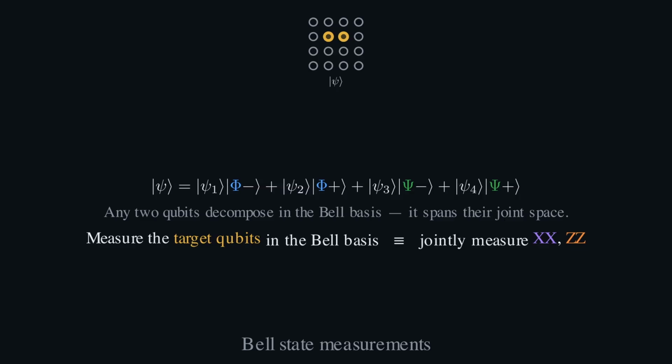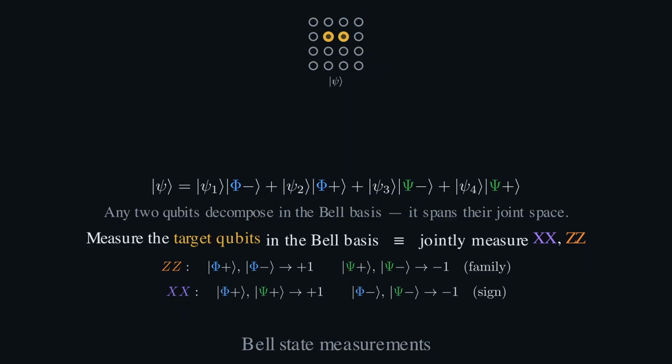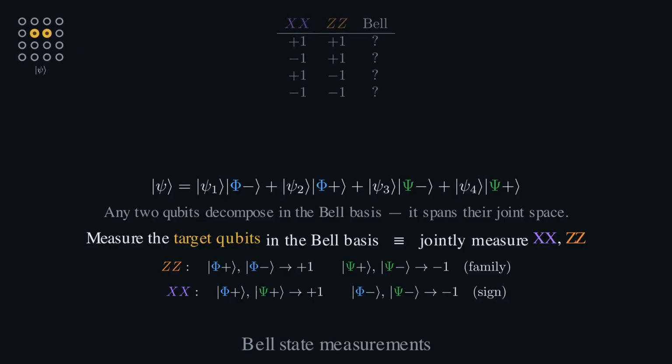Measurement in the Bell basis is mathematically modeled by joint measurement in the XX and ZZ Pauli operators. The ZZ operator returns outcome plus 1 for the phi states and outcome minus 1 for the psi states, while the XX operator returns outcome plus 1 for the plus states, either psi or phi, and minus 1 for the minus states.